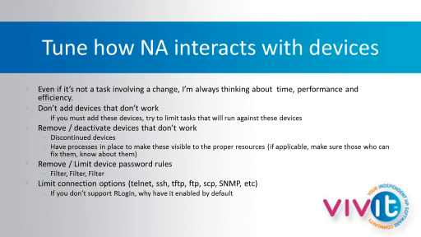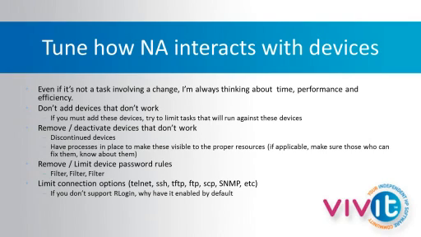So, next we'll talk about how network automation is going to interact with devices. Some of the suggestions that I'm going to make are really basic. But frankly, I'm as guilty of pretty much every one of these as anybody else may be. But I definitely want to mention them because some people just may not think about it.